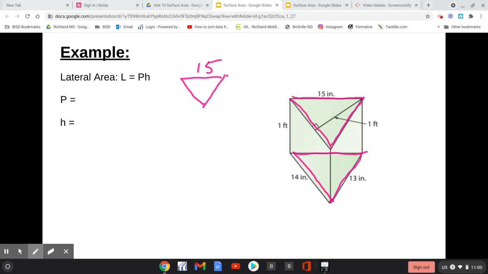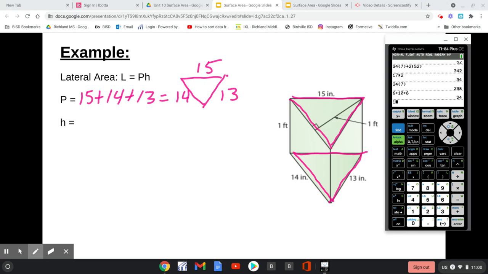And I know this side is 14 and this side is 13. So I just need to add them all together. 15 plus 14 plus 13. Let's see what we get. That's 42.